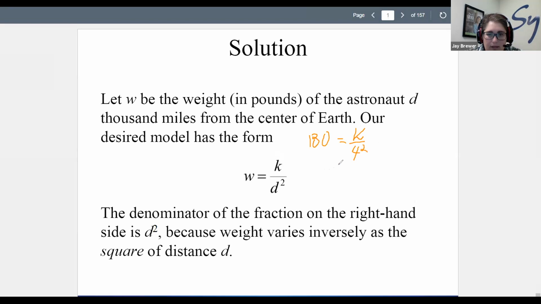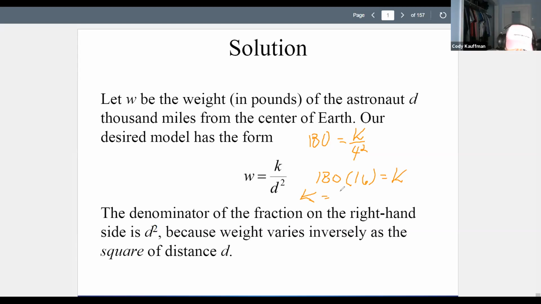So that means we have to take 180 and multiply it by 16 to get our k. So somebody tell me what k is. 2,880. Mm-hmm.